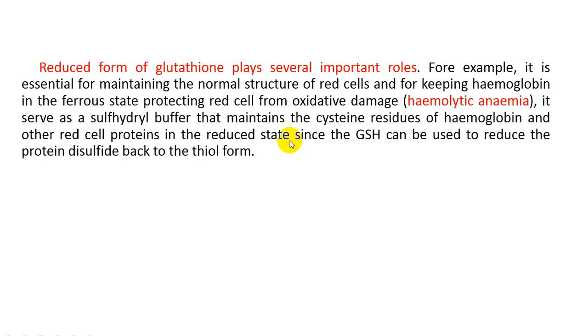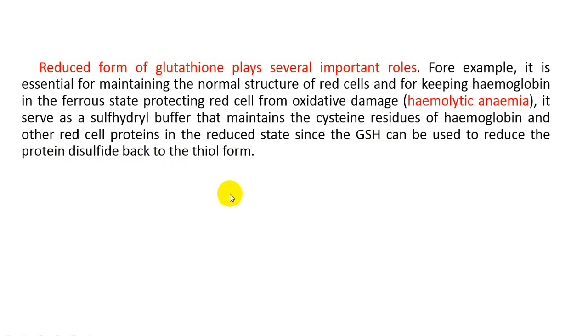Now, the second function of the reduced form of glutathione is to keep the amino acid residue, or cysteine residue, in the reduced form. In the reduced form, that means it has a thiol group, GSH, without S bond S. GSH can be used to reduce the protein disulfide back to the thiol form.